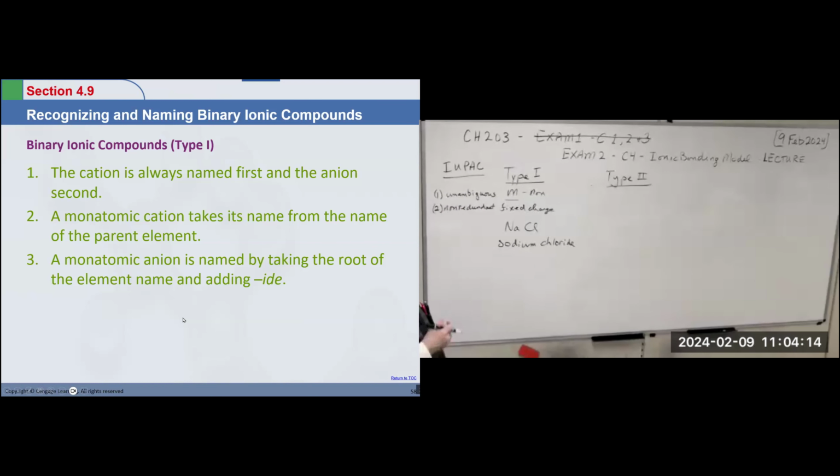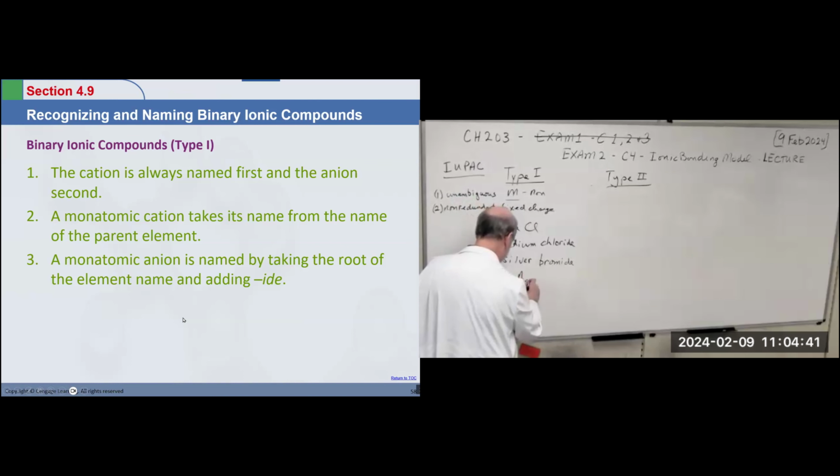Let's take another one. Write the formula for silver bromide. Yeah, let's make it interesting. Okay, we need the symbol for silver.